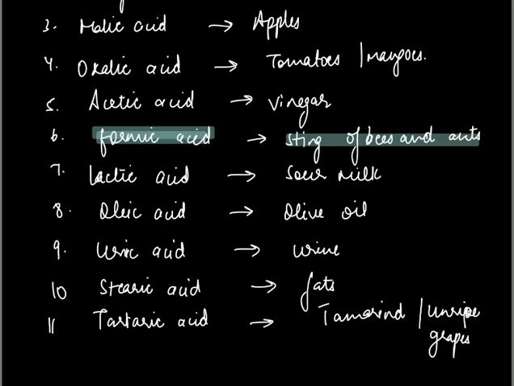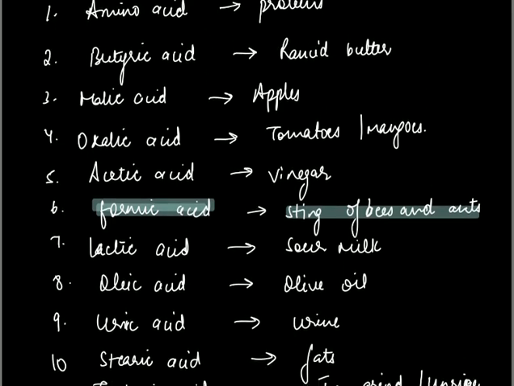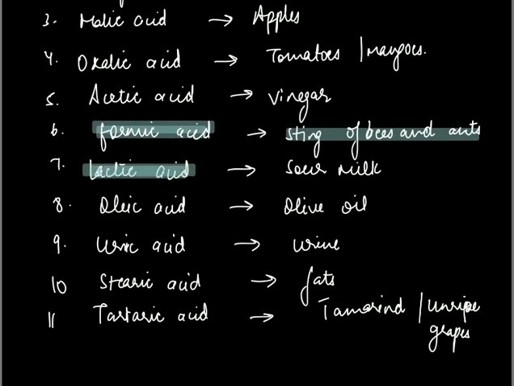These days vinegar is very famous for cleaning, anything you can clean with vinegar. Then we have lactic acid, present in curd, and it is used for souring any kind of milk.